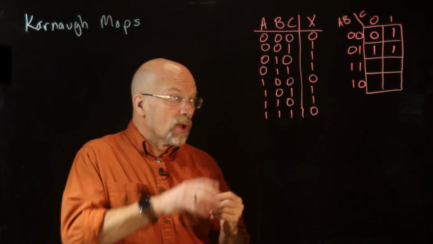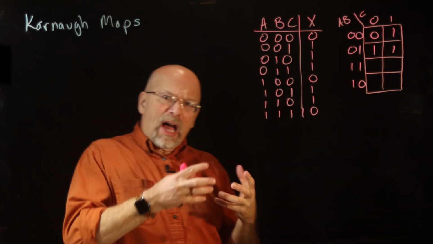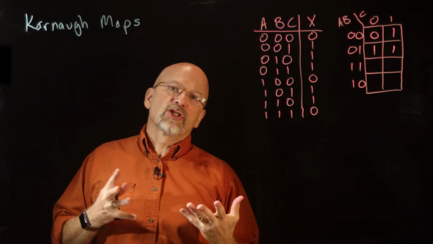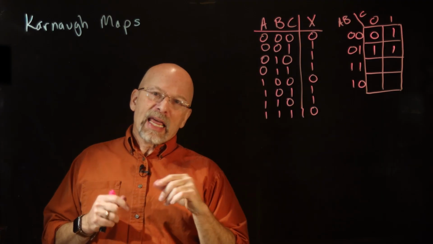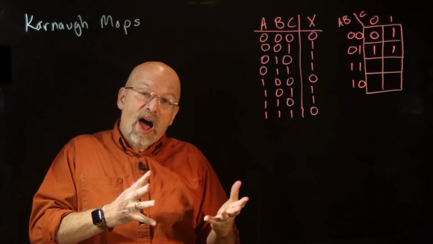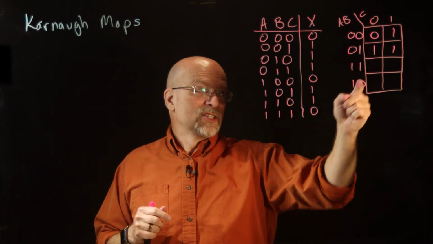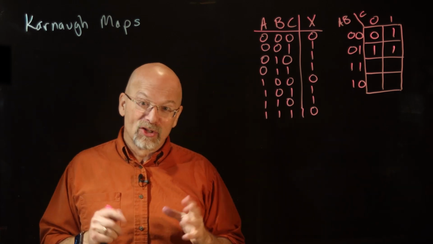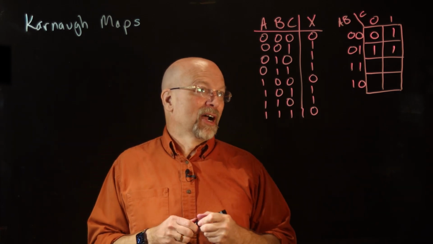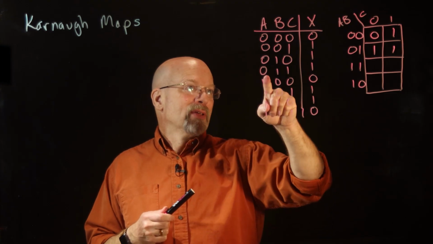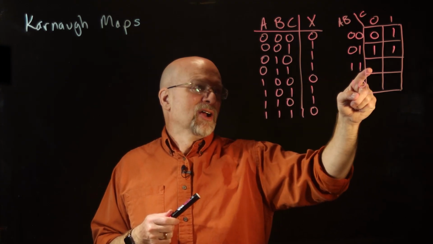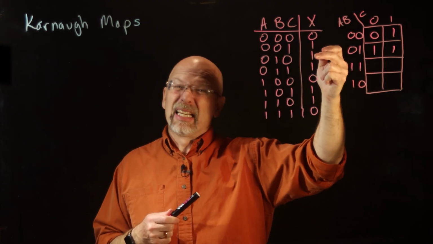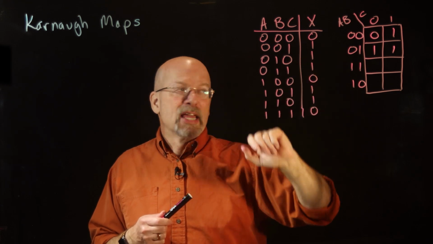And what's cool is that we've already seen that we've got ones next to each other, which means things are going to simplify. Understand that the product we can't simplify is a 1 that is all by itself, surrounded entirely by zeros. Now, next one, we've got this cell right here. Because of the gray code, we take this little hop across a couple of rows in our truth table.